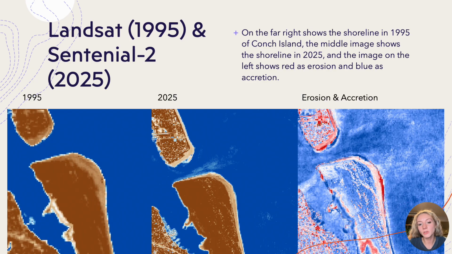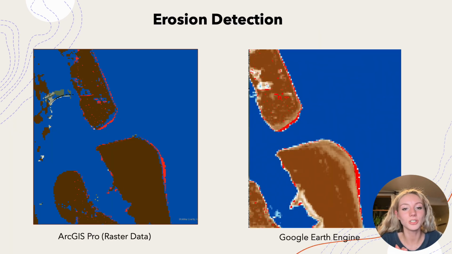Now, on the image on the far left, we are seeing erosion and accretion, so we're seeing where land is being added and where land is being lost. The red is demonstrating the erosion, and the dark blue is demonstrating accretion. These two images are of Conch Island, and it's showing a side-by-side of Google Earth Engine and ArcGIS Pro in a raster dataset of where erosion is occurring at its greatest amounts along the coast.